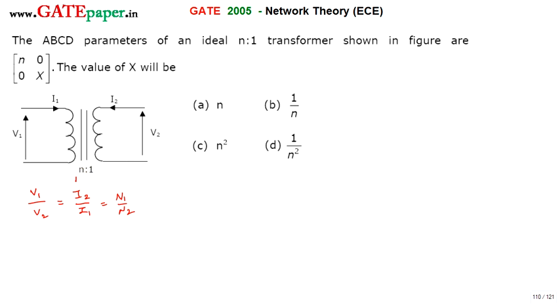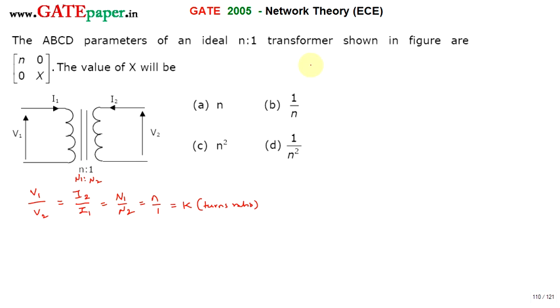Primary turns is N1 and secondary turns is N2, that is n:1. So you can write it as n by 1, which is also called K. K means turns ratio, that is ratio of turns on primary to turns on secondary. So this is known from the given diagram. Now we are going to find the x value.